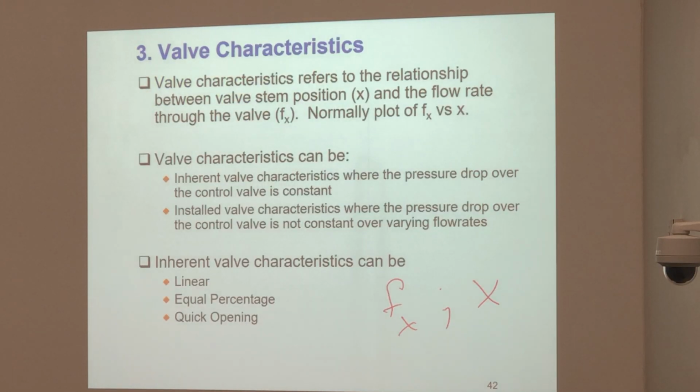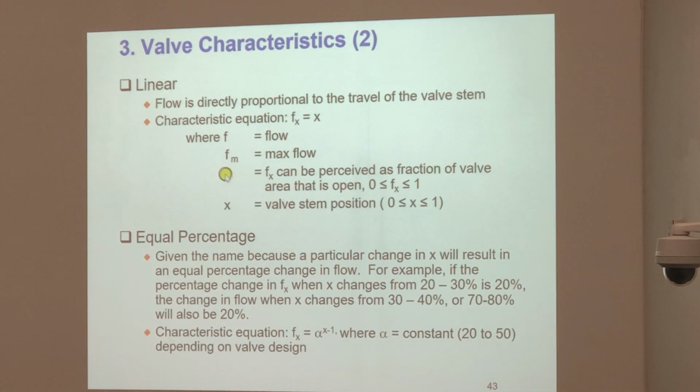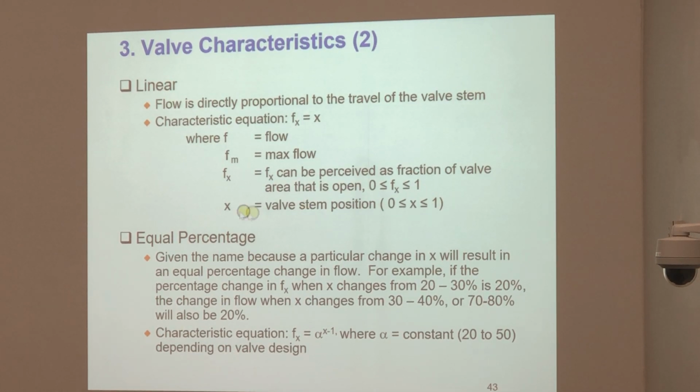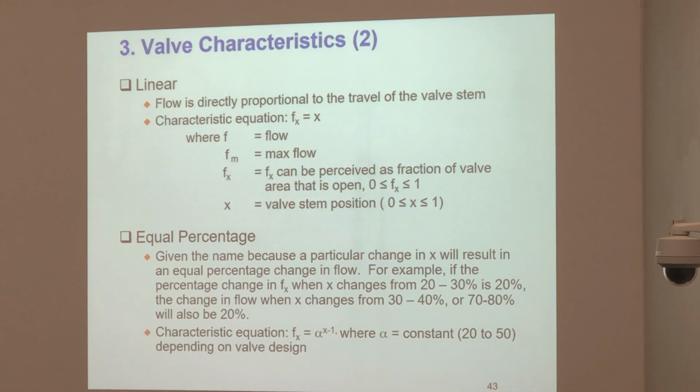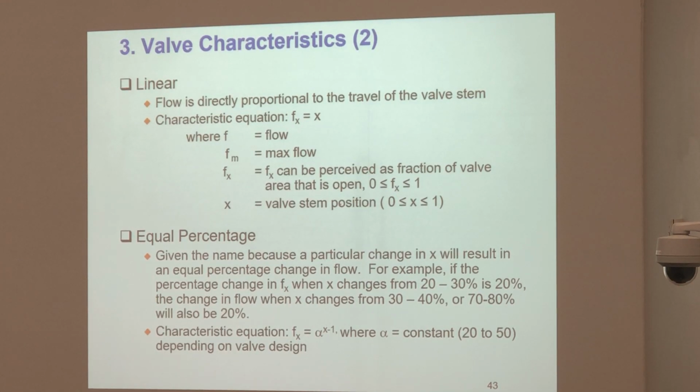0 is fully closed. Alright? That's why you have Fx in between 0 to 1. Okay? X is the stem position, the valve position. You can imagine the valve has to be operated from the top, so on the top I have a stem. When I move this stem, the opening inside the pipe changes, the valve turns also.